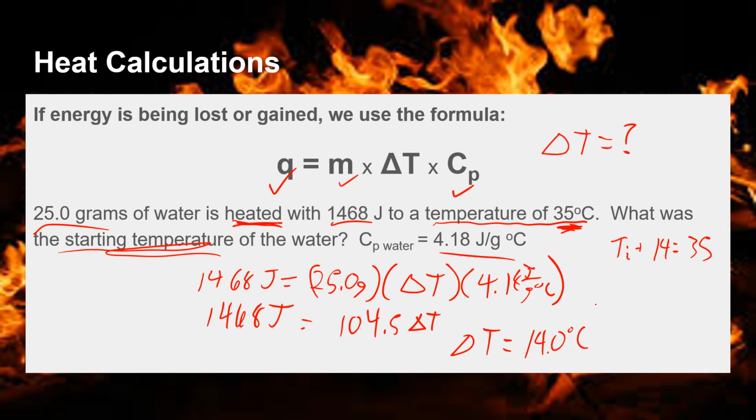Hopefully that makes sense, right? Something happened to heat up the water, and so we had an initial temperature and we ended up at 35. So then your initial temperature is 35 minus the change, which gives 21 degrees Celsius. That's where you started.